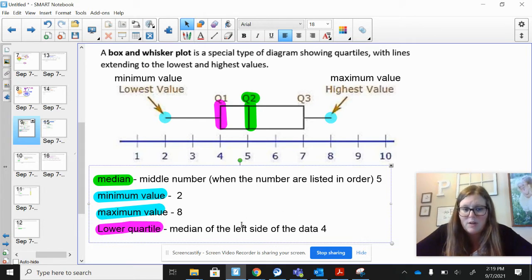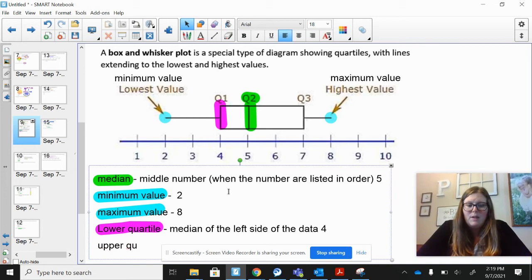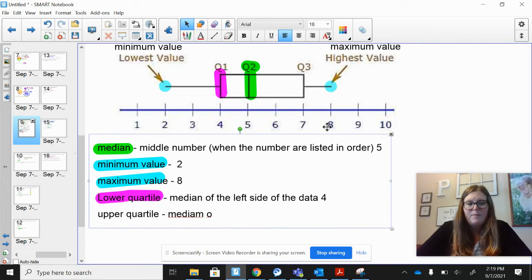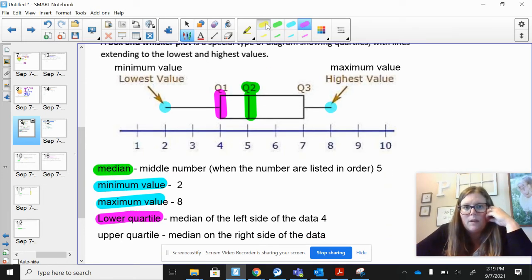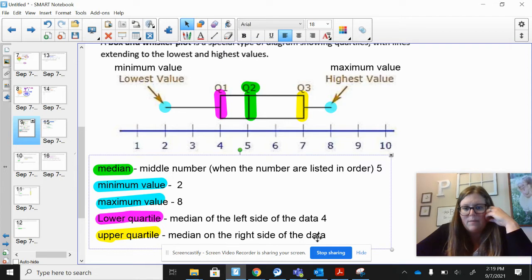Some of your questions are going to ask, what is the lower quartile of this set of data? You would just type in a 4. Okay. Then we also have something called the upper quartile. It's just the opposite. It's the median on the right side of the data. So the upper quartile here would be Q3, which is 7.